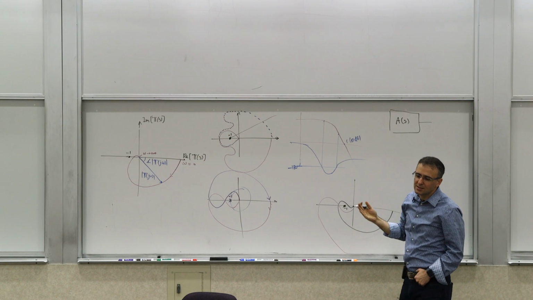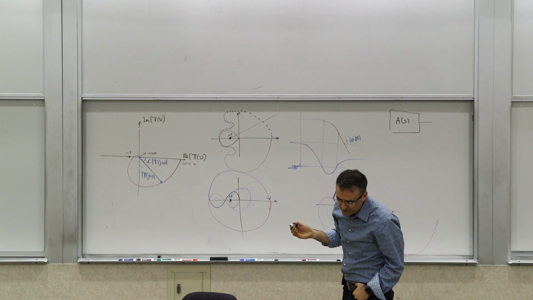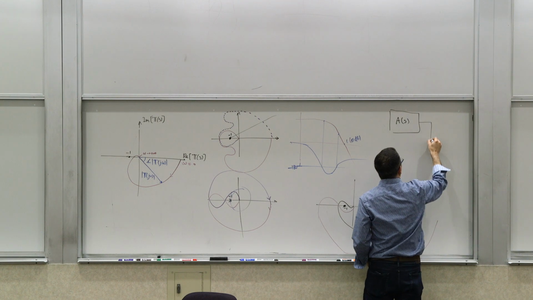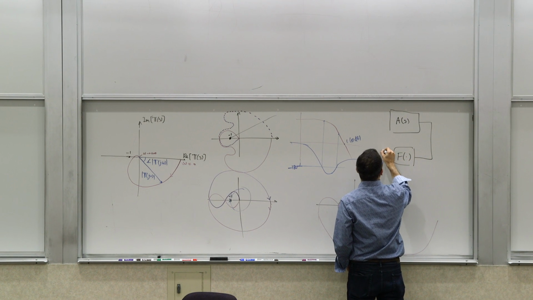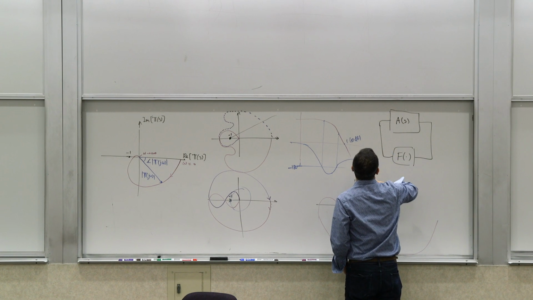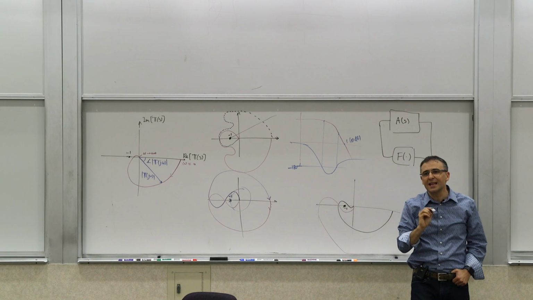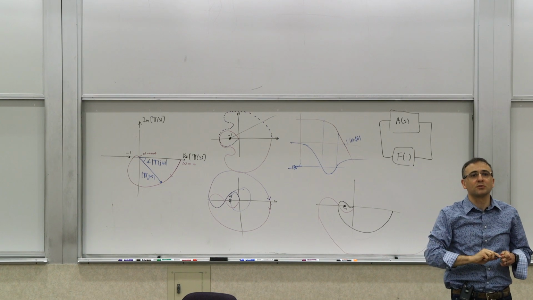It can be in the forward system or in the reverse system. You can put it anywhere you want. So right now, what we are thinking about is that you have some sort of a function f that comes back to the system. And what we are interested in is the question of absolute stability.